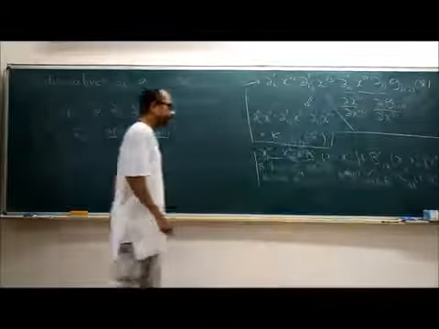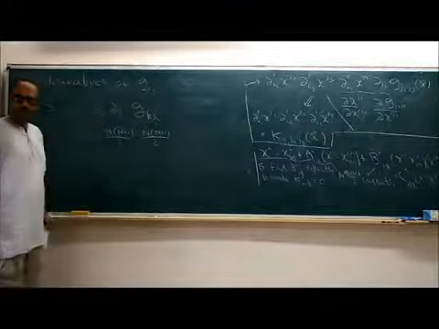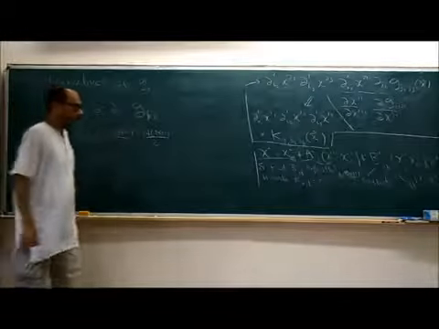So how many such C_{ijkl}s do we have? It's symmetric in j, k and l.